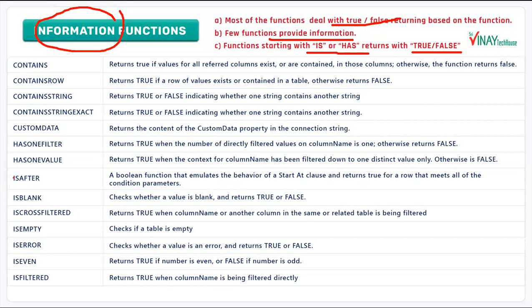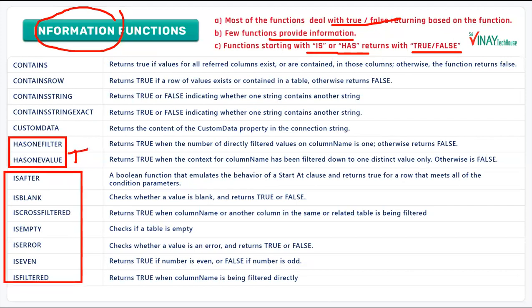For example, these all have functions, is functions, return true or false. Even these functions return true or false. No is and has, but the content looks like that.